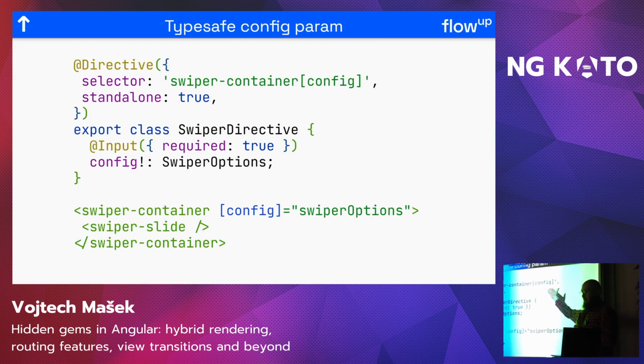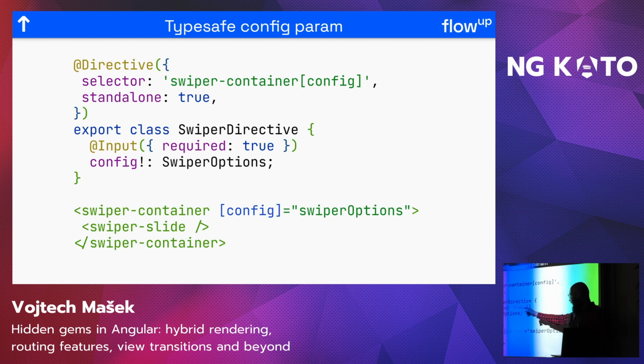You have a swiper container, Swiper JS, and the swiper expects a config, and the config can only be swiper options. And you know what these options are because you can import the Swiper TypeScript definition and have that whole object definition. But if you did it without this directive, just used the web element swiper container and put config there, this would be completely senseless.